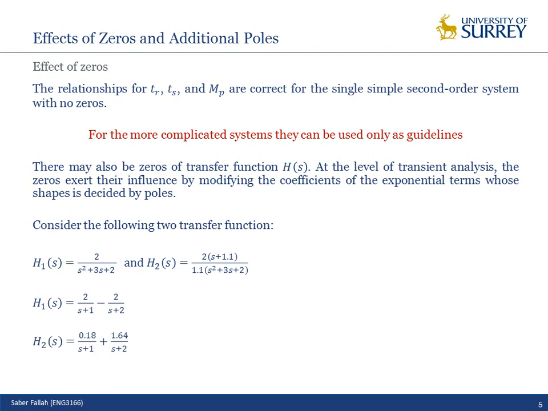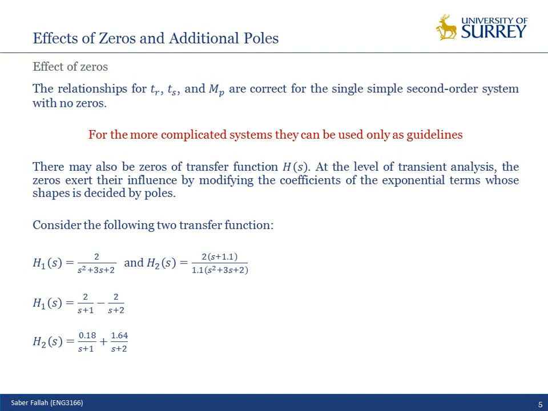partial fraction for the second, if you look at the denominators, the poles are exactly the same. So the zero won't affect stability or the location of the poles of the system. But if you look at the coefficient, for example for s plus 1, I have 2 here. Here I have 0.18. It significantly affects the value of the coefficient.